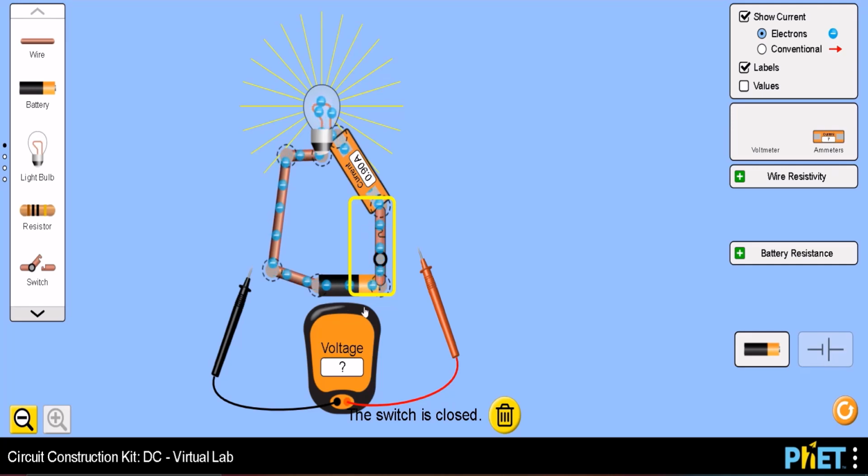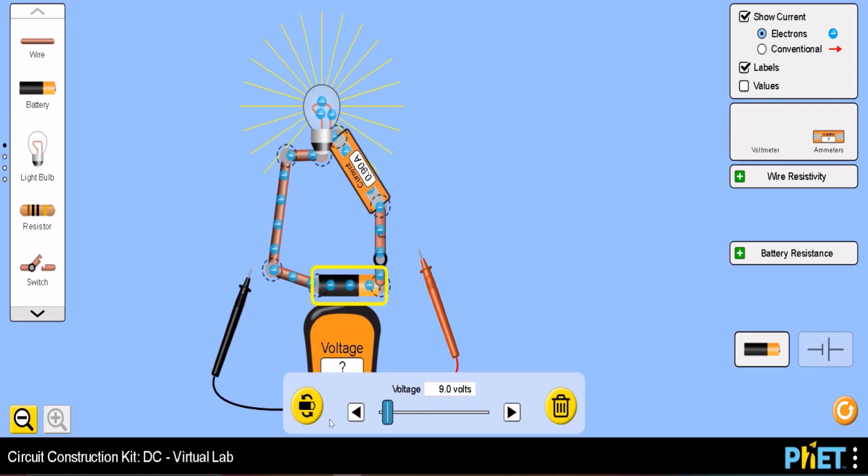Now if I reverse the terminals of this cell, let's see whether the bulb will glow with the same brightness or not. So I have now reversed the terminals, and now you can see the positive end is this side and the negative end has gone the other side. And the current is flowing, the bulb is also glowing with the same brightness, only the direction of current is reversed now.